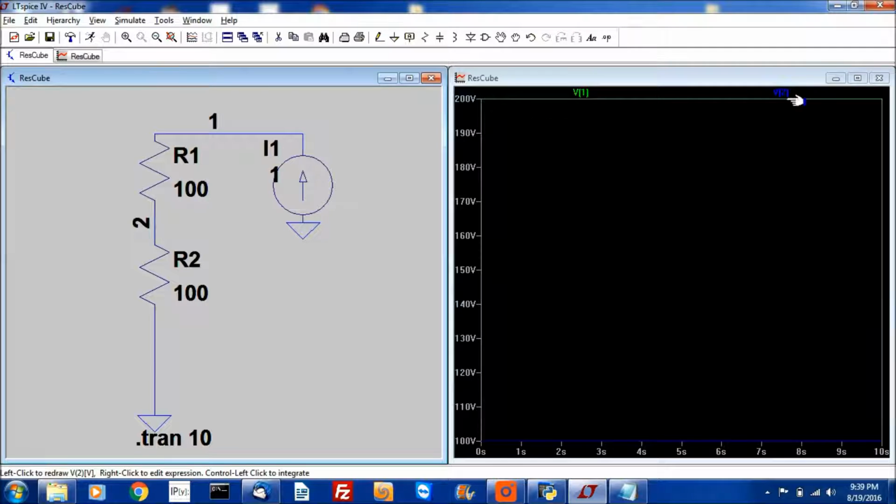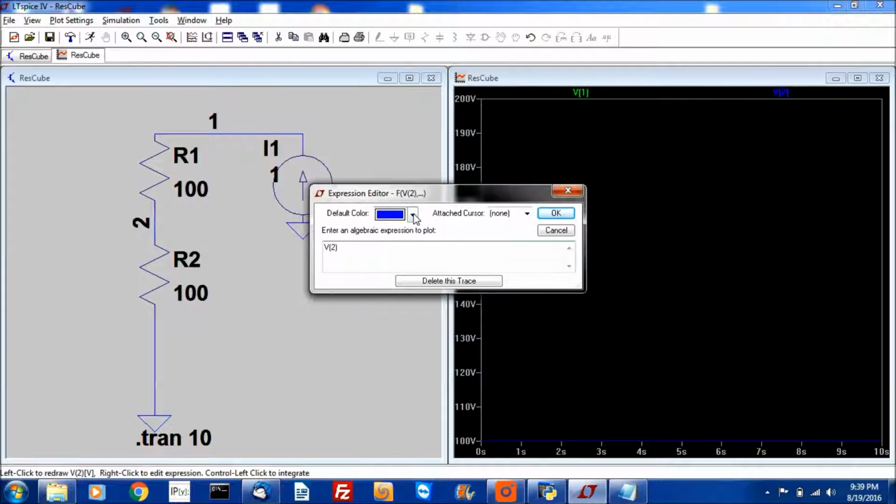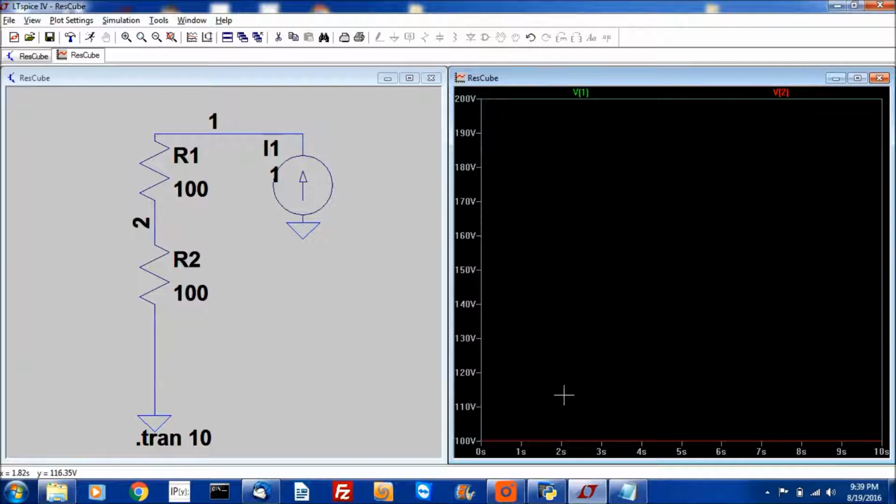I'll change the color of this to red so that it's visible. So on the bottom of the screen you can see that the voltage at V2 is 100.